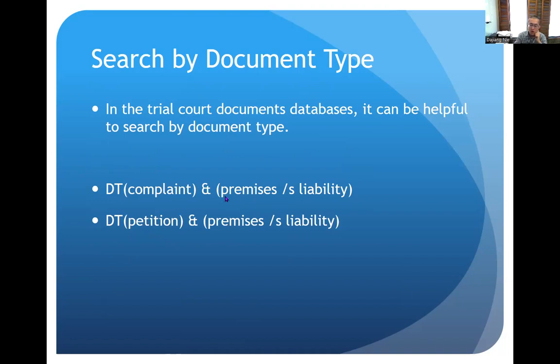So you know what these keywords represent, right? Premises within the same sentence with liability. So this whole search string means we are searching for a complaint as a documentation type, and in this complaint, premises is within the same sentence as liability.